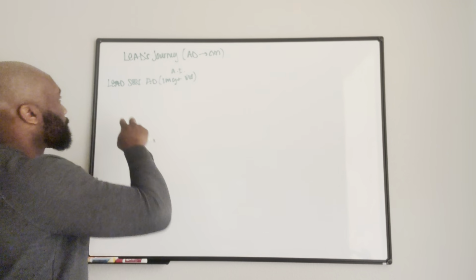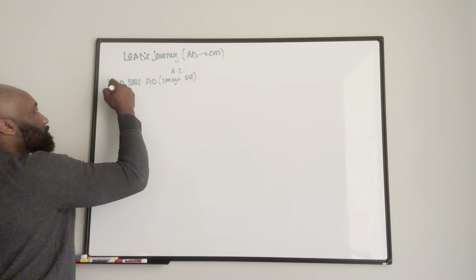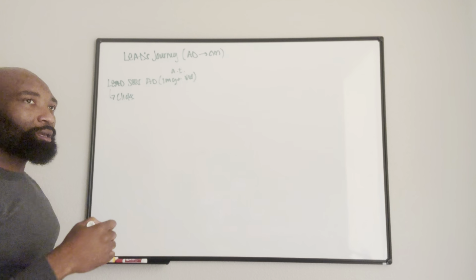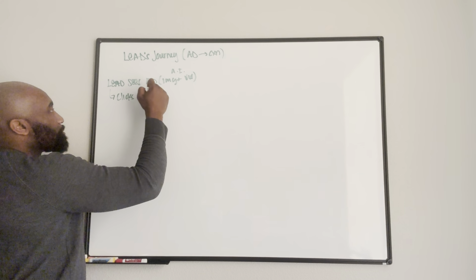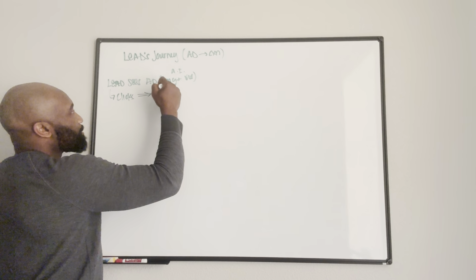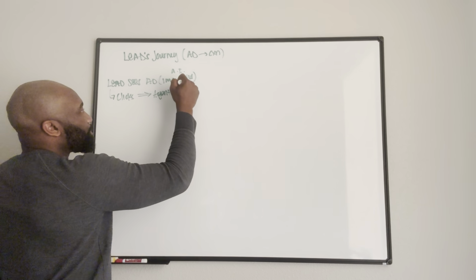So the lead sees the ad, clicks the ad, right? And that takes them to the web page that we built for you. We built you a custom web page, right? So the agent web page.